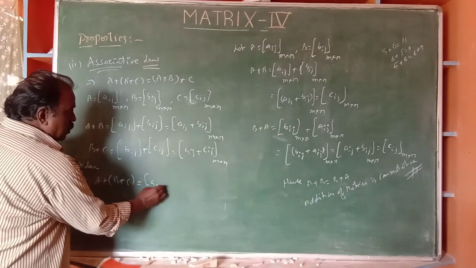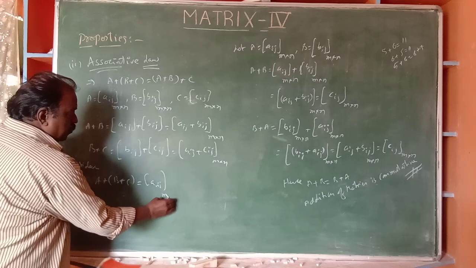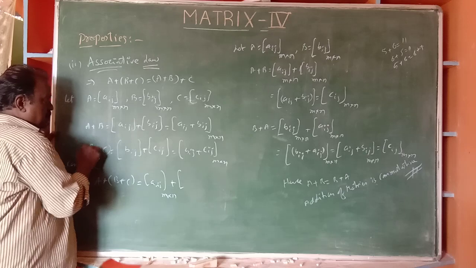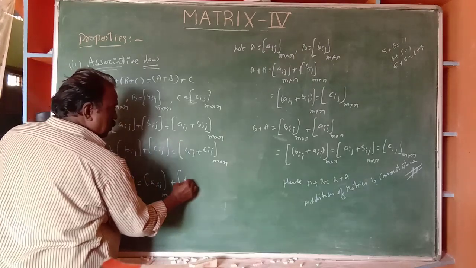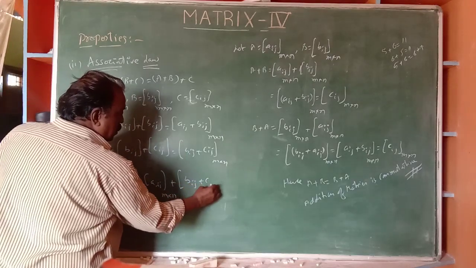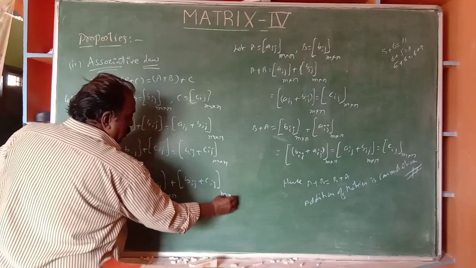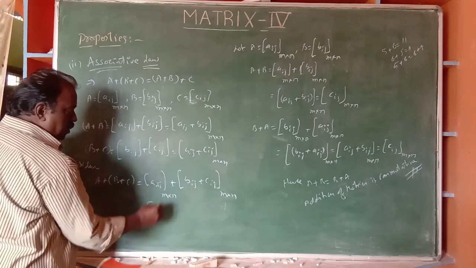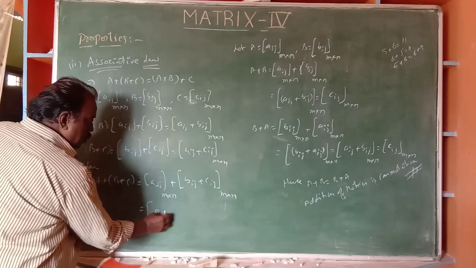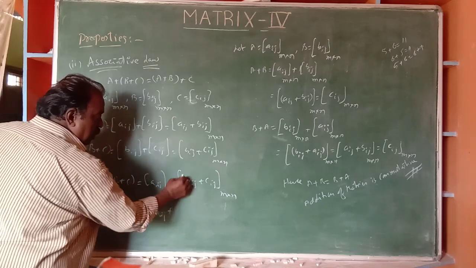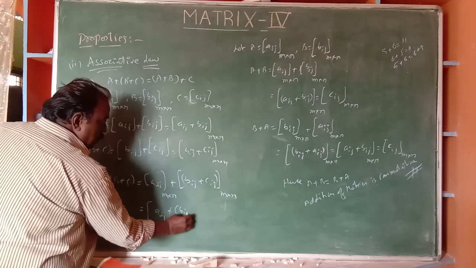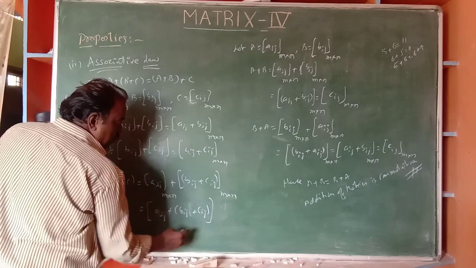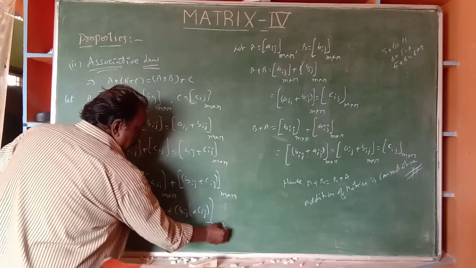A is Aij, plus B plus C, which is already there. It is Bij plus Cij, M by N. By definition, these are two matrices. We have to add the corresponding elements.